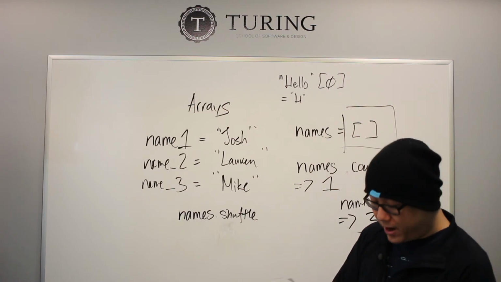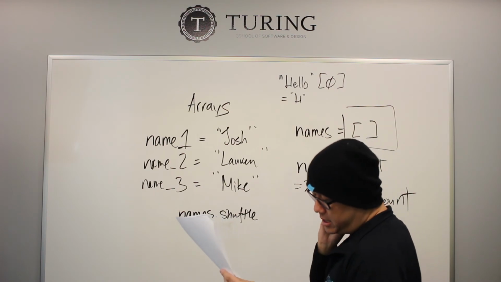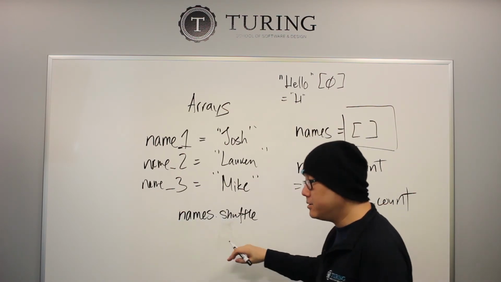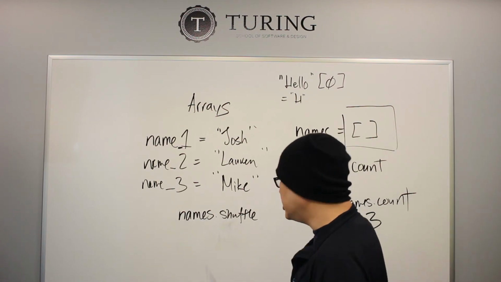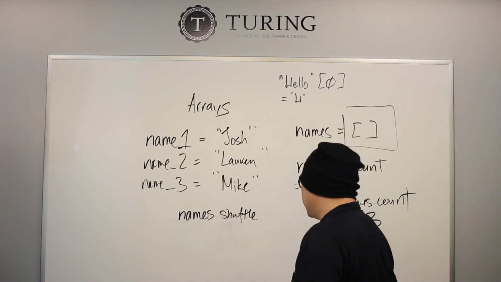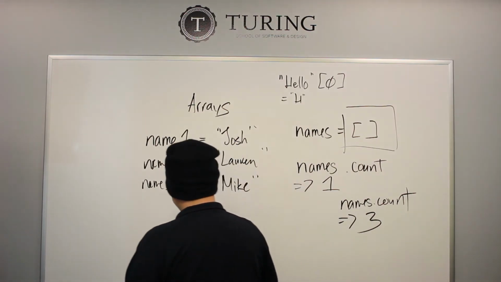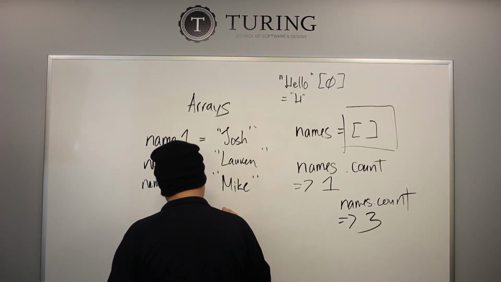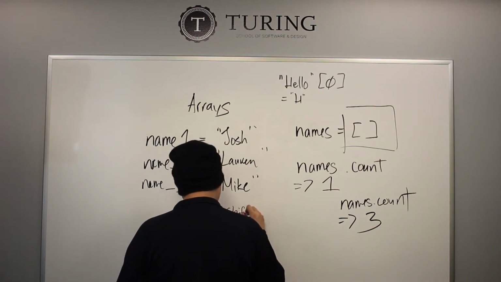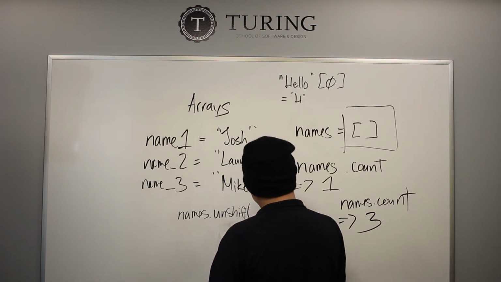So far we've talked about the bracket notation. We've used push. Push adds things onto the end. We also have unshift. Let's do names.unshift, and we'll throw in the string Bob.